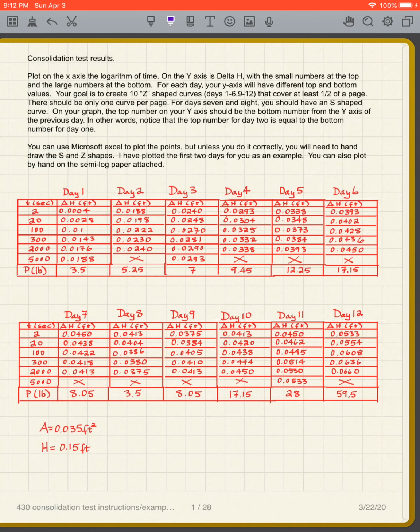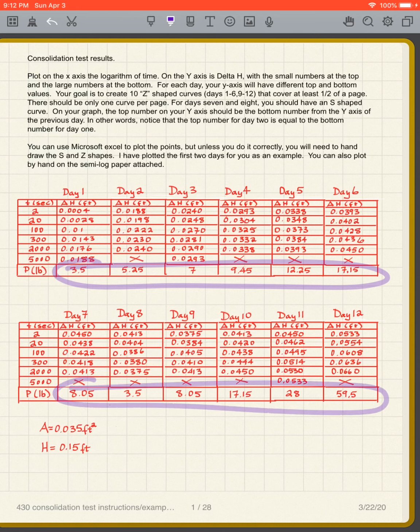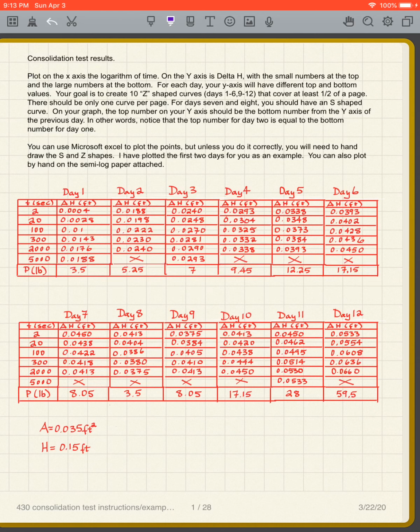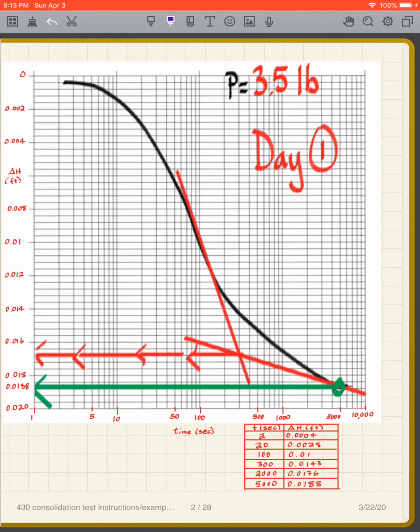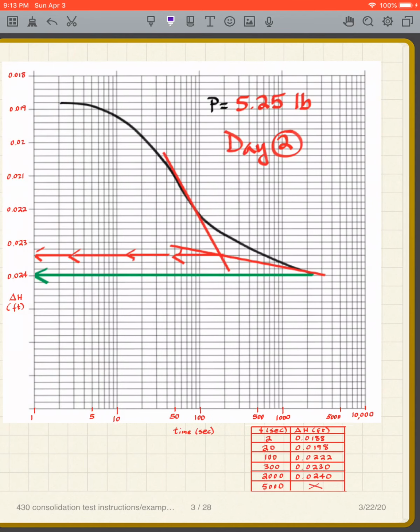You can get that from here are the loads, and here are the loads here, and then you get the last points. It varies whether we went to 5,000 seconds or not, but we get the last points there. So we have the data that we're interested in to begin with.